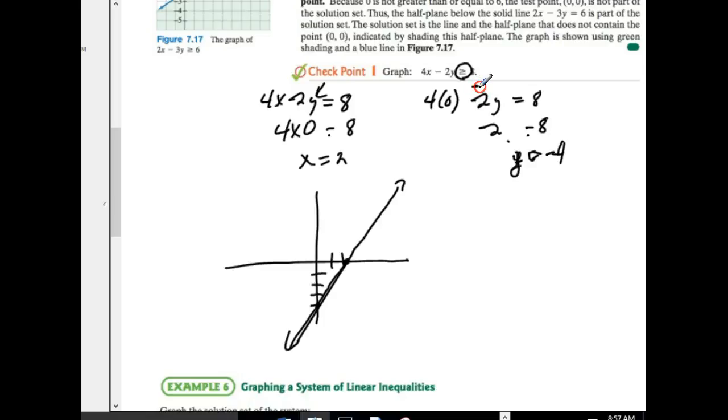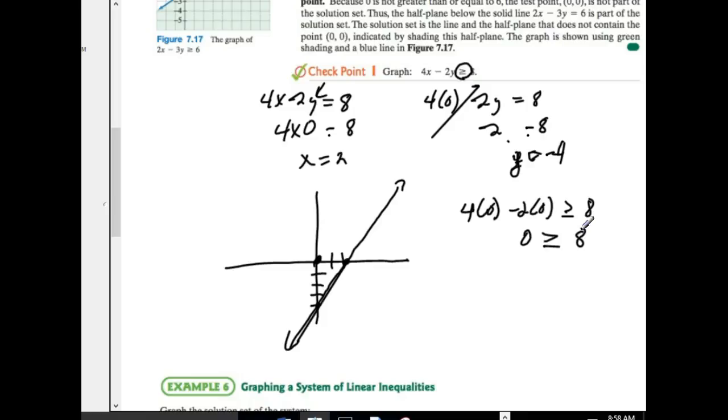Now, I need to decide which side I'm going to shade. So again, I'm going to test (0, 0). Well, if I plug (0, 0) into this, 4 times 0 minus 2 times 0, is that going to be greater than or equal to 8? Well, that ends up saying that 0 is greater than or equal to 8, and that is not true.